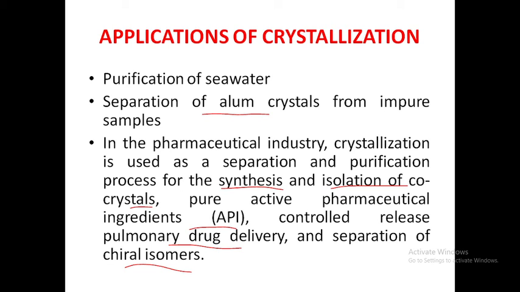Applications of crystallization: purification of seawater, separation of alum crystal from impure sample. How do you make alum crystal? To prepare crystals of alum, it is important to take a beaker half filled with water.